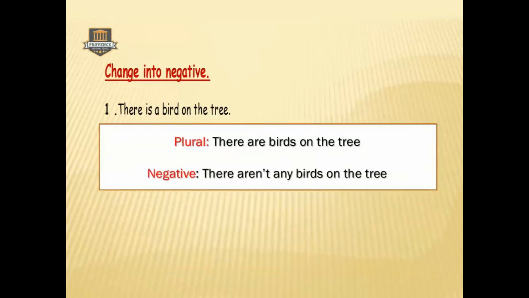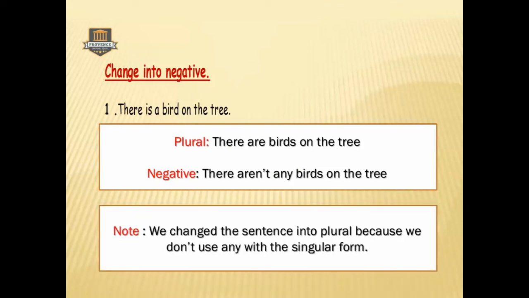So how can we put any here? So first of all, we have to change this statement into plural. So there are birds on the tree. And then we make the negative out of the statement. There aren't any birds on the tree. I put not and I put any. There aren't any birds on the tree. So we changed the sentence into plural first because we cannot use any with the singular form of the noun.